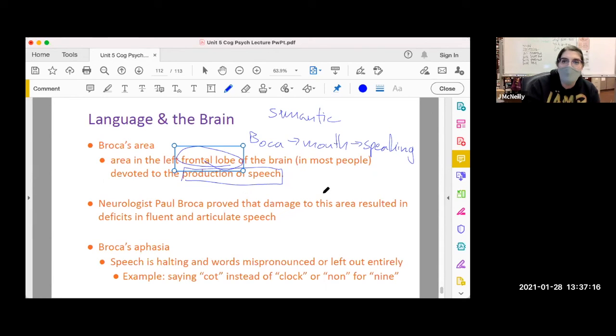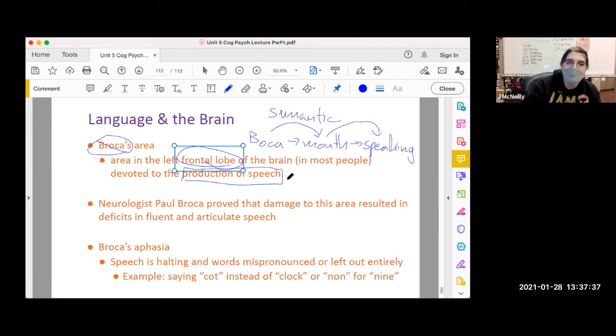So boca is Spanish for the word mouth, and the mouth is used for speaking. So do y'all see how I tie that meaning together for rehearsal? And so whenever I see Broca's area, I know that it deals with the mouth, the production of speech.